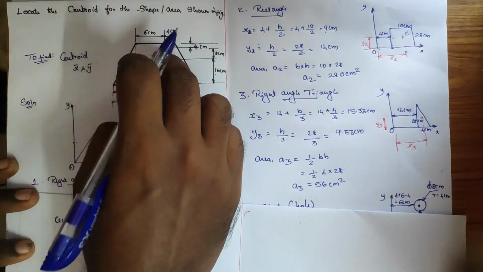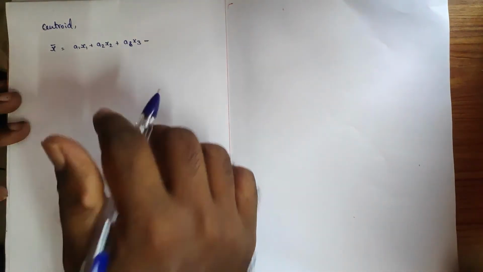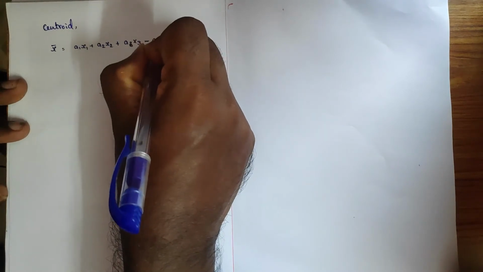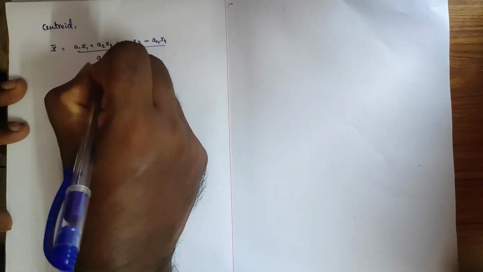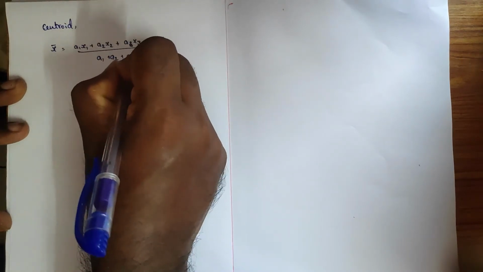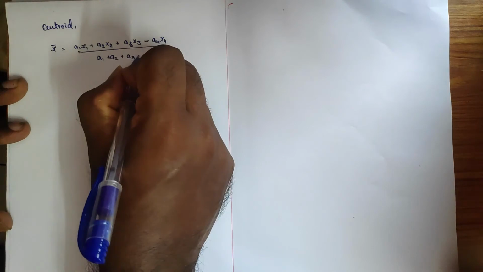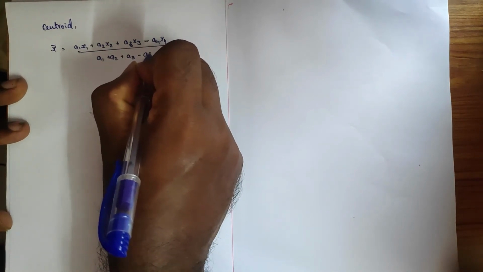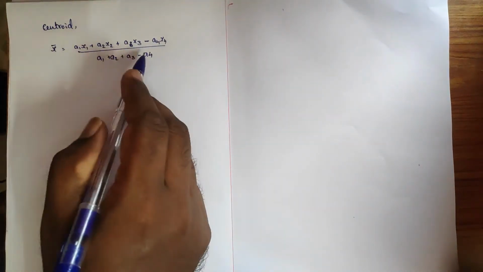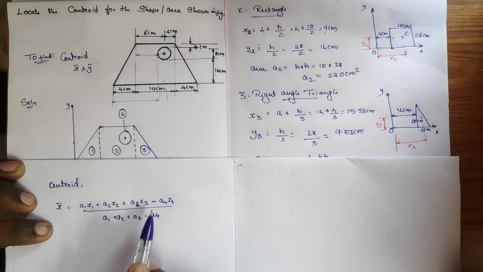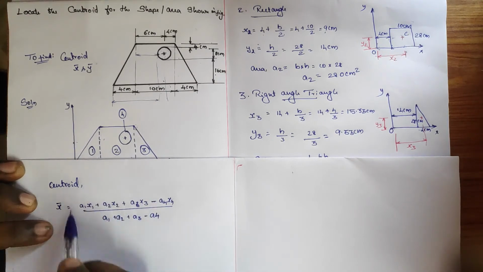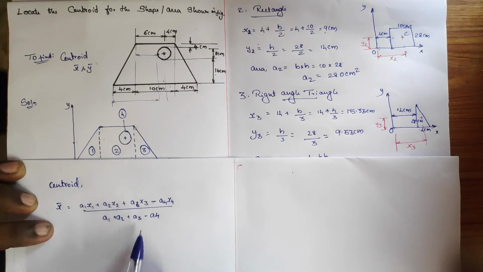So here I just minus a4 x4, divided by the total area: a1 plus a2 plus a3, and the removed section must be minus a4. Have you got it? Don't commit a mistake. It's not our part, it's a removed section or whole, so that must be subtracted from the total. So for that I have made the minus sign here.